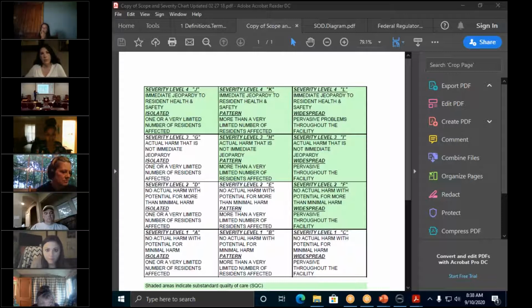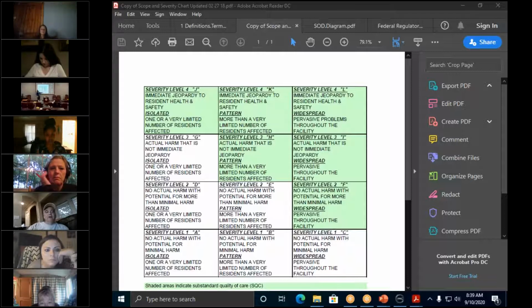So if I have a scope and severity of A, there was no actual harm with potential for minimum harm to the resident, isolated, one or very limited number of residents affected. What is also important is that everything on this ABC level is the lowest level of scope and severity.